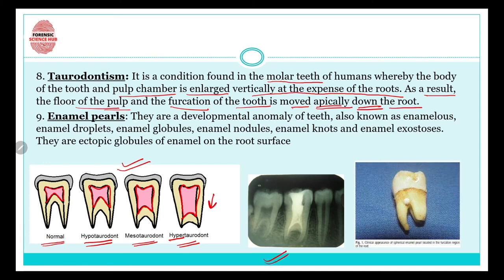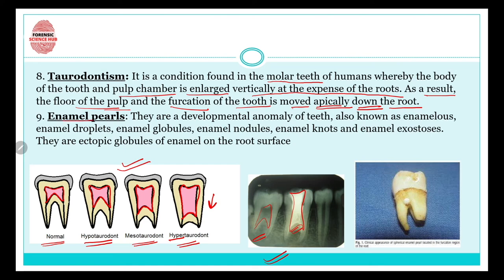This is a radiograph for taurodontism. You can clearly see this one is having taurodontism. These are the normal tooth having normal amount of pulp chamber, but in this area you can easily see hypertaurodontism. Then comes enamel pearls.